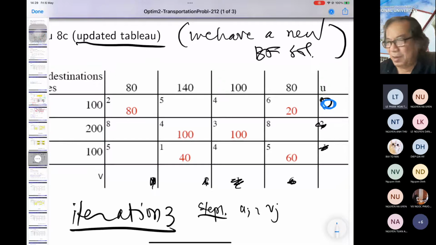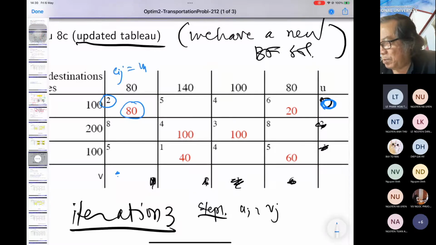With this cell, you have 2 here, and then V1 is what? It is Cij equal Ui plus Vj. Is that okay?